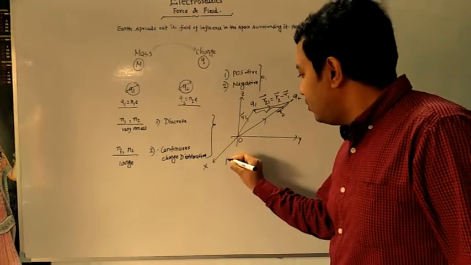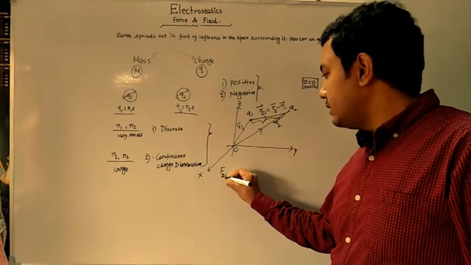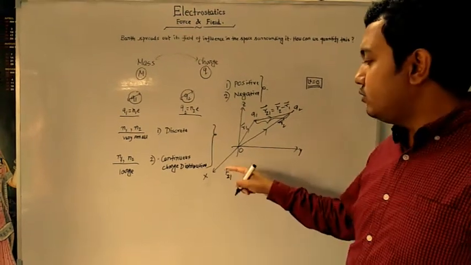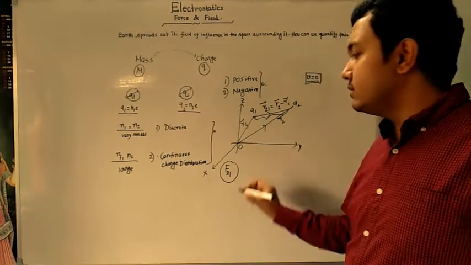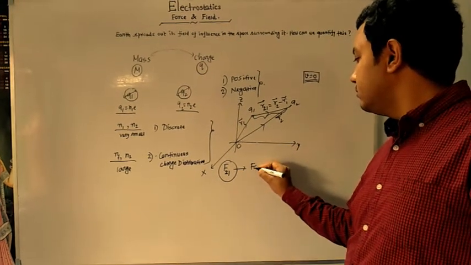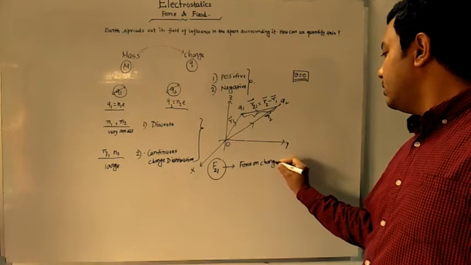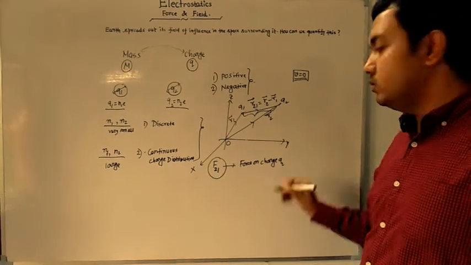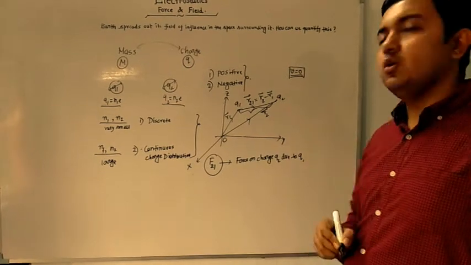Now, the force between Q1 and Q2, we can write as F21, and it indicates the force on charge Q2 due to Q1.